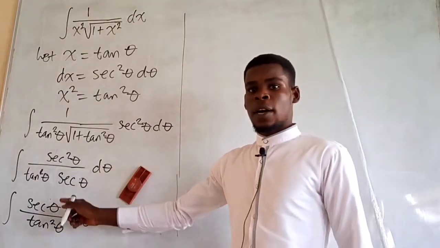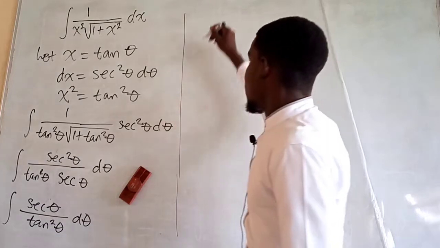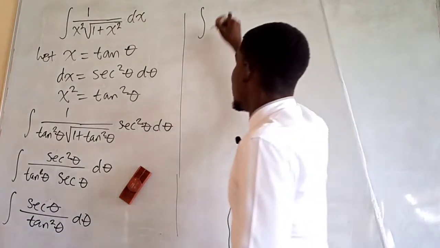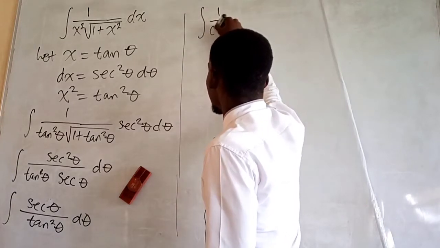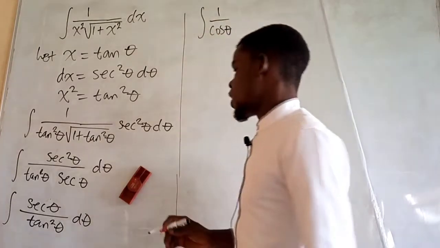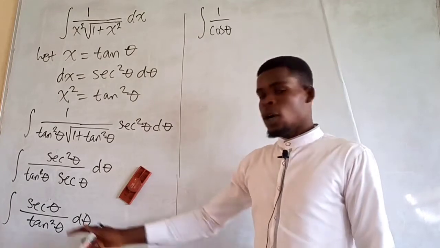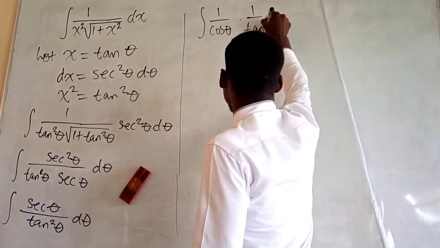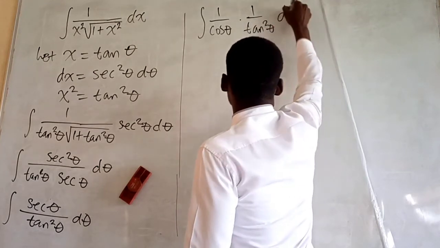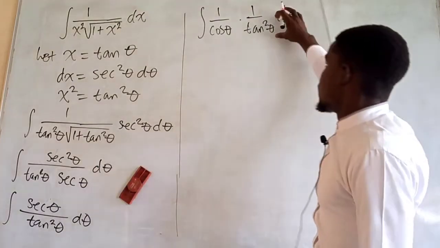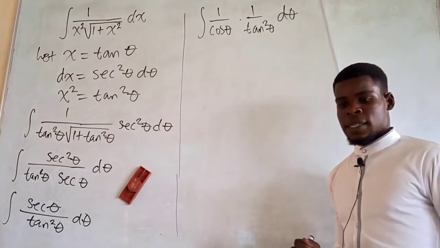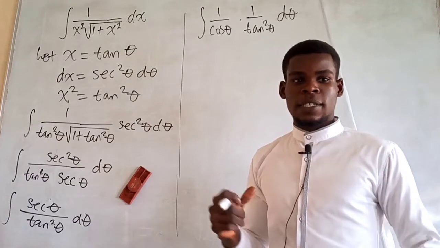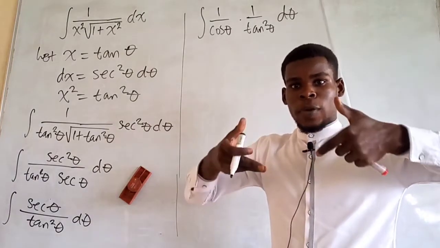Over to this part of the board. The trig identity for that: secant is the same thing as 1 over cosine, so I'll put down 1 over cosine theta, times 1 over tangent squared theta, d theta. And 1 over tangent squared theta is cotangent squared theta, which is just the inverse, so we can swap things.